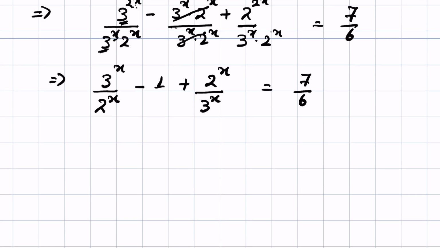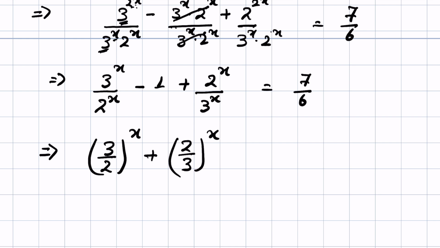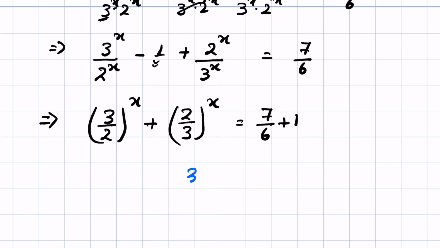Now 3^x upon 2^x, we can write it as (3 upon 2)^x plus (2 upon 3)^x, and this 1 we can send to the right hand side, so it becomes 7 upon 6 plus 1. Now let's assume (3 upon 2)^x is equal to m.